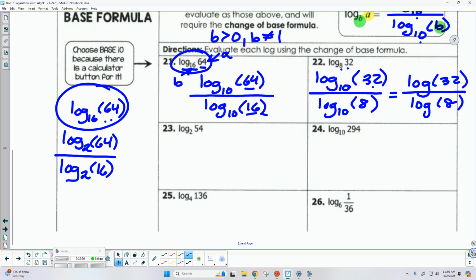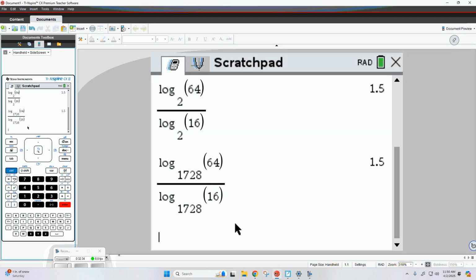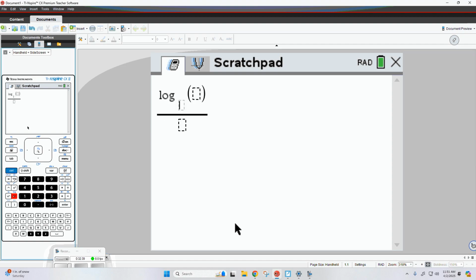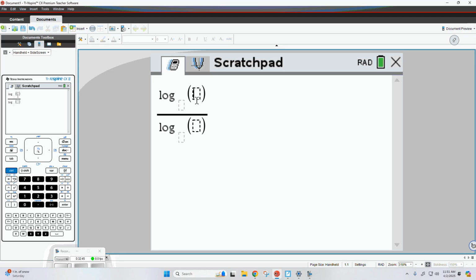Okay, so check this out. When I come back over here to the calculator, let me go ahead and erase all this. Control divide. Let me go ahead and put some logs in here. Now in the calculator, when you're working with base 10, you don't even have to type in base 10. If I leave the base blank, the calculator will automatically take it as base 10.